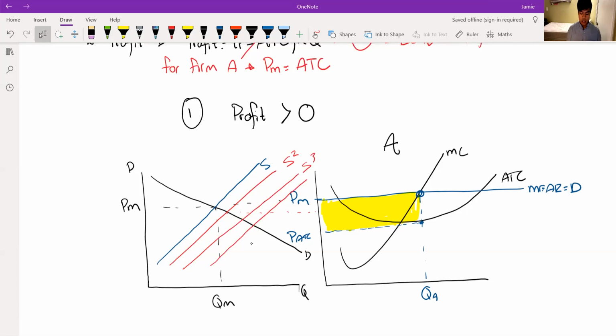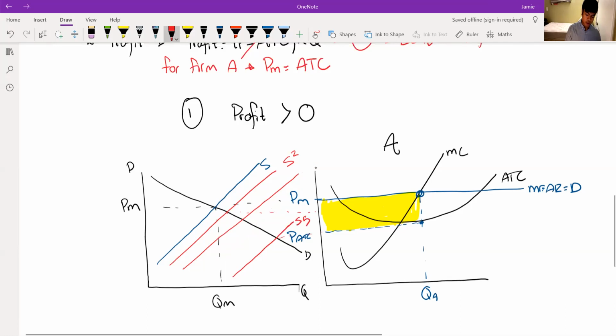So their average total cost curves will all be at the same minimum point. And so the supply curve will shift by an amount such that the market price will be at the minimum average total cost, which is right here. Call that S5, right?